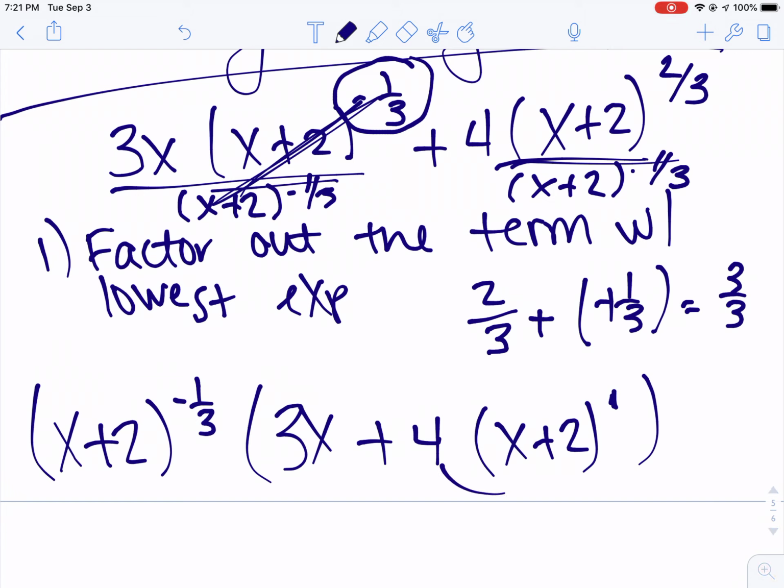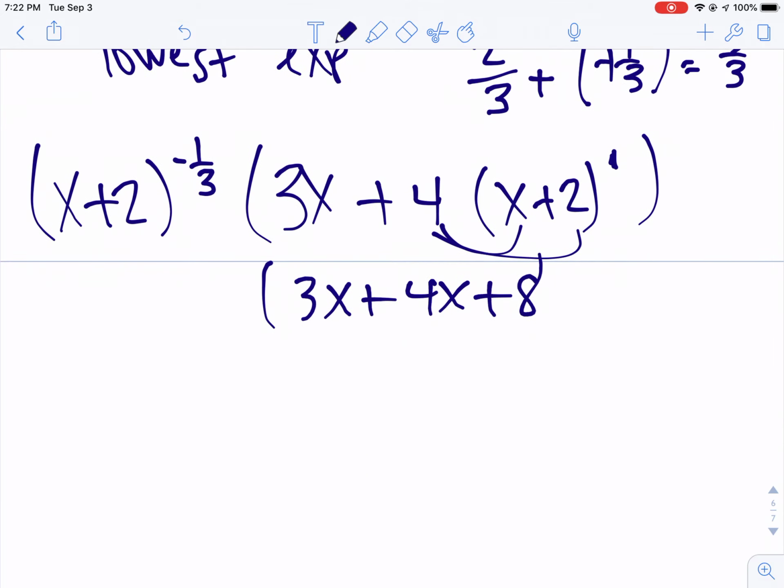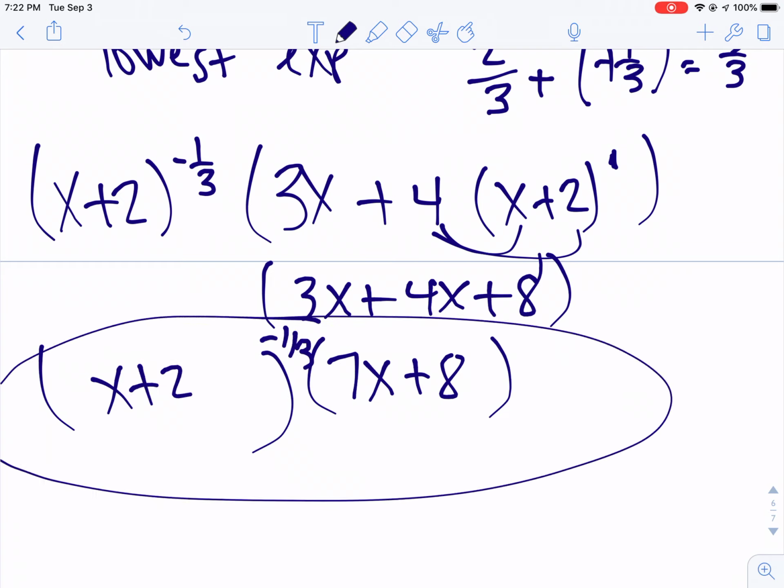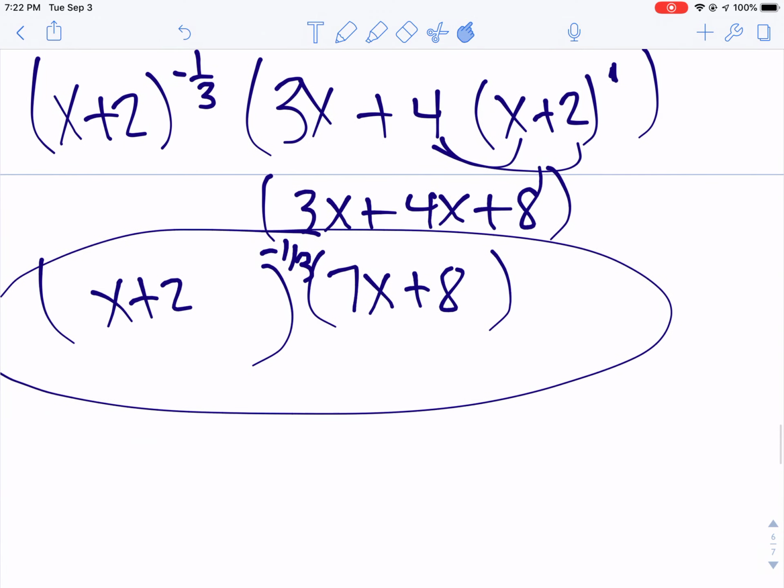You can't leave your answer like that, so we simplify to get 3x plus 4x plus 8. This gives me 7x plus 8. And then don't forget you have that x plus 2 to the negative 1/3 power out front. And that's it. So we did 1 through 49, and for the rest you needed to make sure you factored.